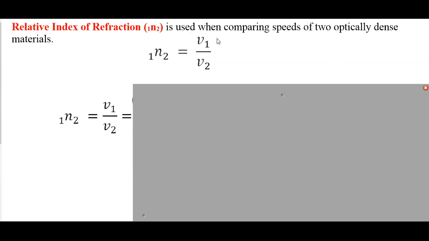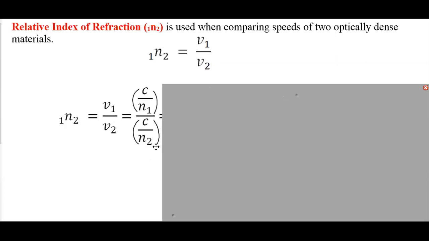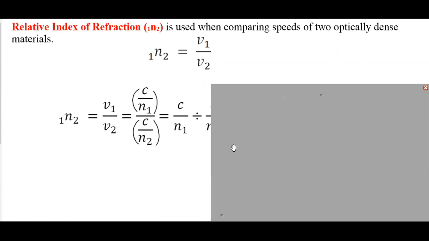We can manipulate the absolute index of refraction equation to solve for V1, and to solve for V2, and then we can put them in, and we have this horrible cluster of an ugly fraction. We have one fraction divided by another fraction, just by substituting in for V1 and V2. And with that, we hopefully remember how to divide by fractions.